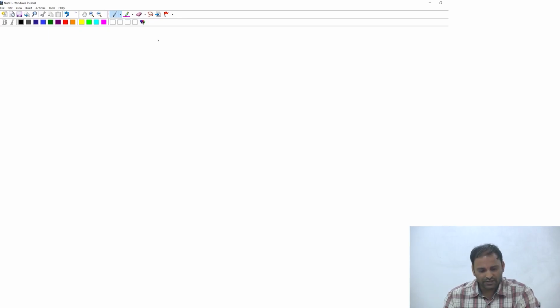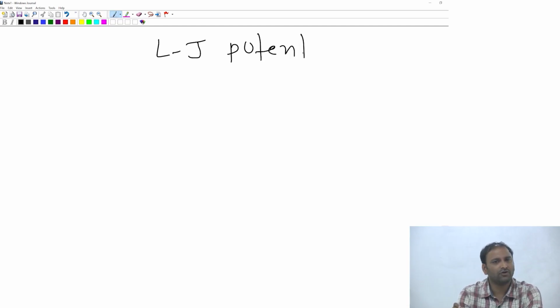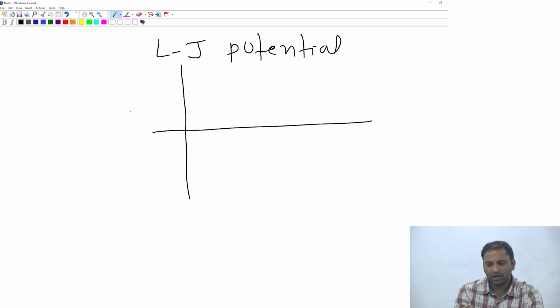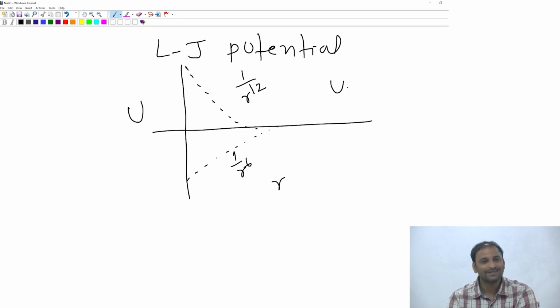And one of the very famous examples of intermolecular forces is the LJ potential. I don't know how many of you have heard of it. Lennard-Jones potential, right? Typically, if you plot the total potential as a function of distance r, there's going to be a repulsive force that goes as 1 over r to the power 12, and an attractive force that goes as 1 over r to the power 6.